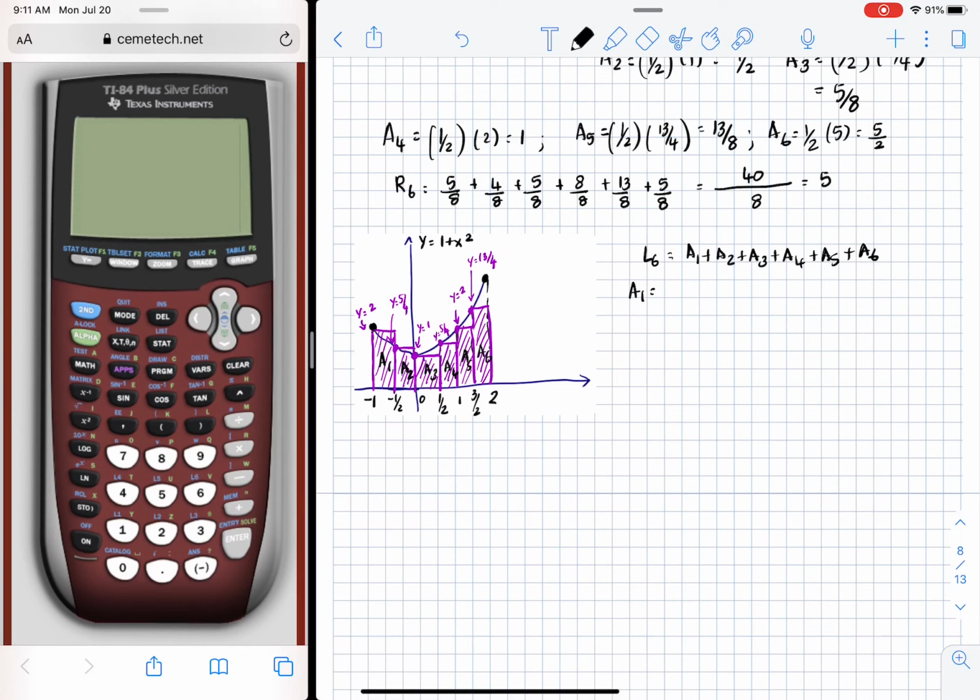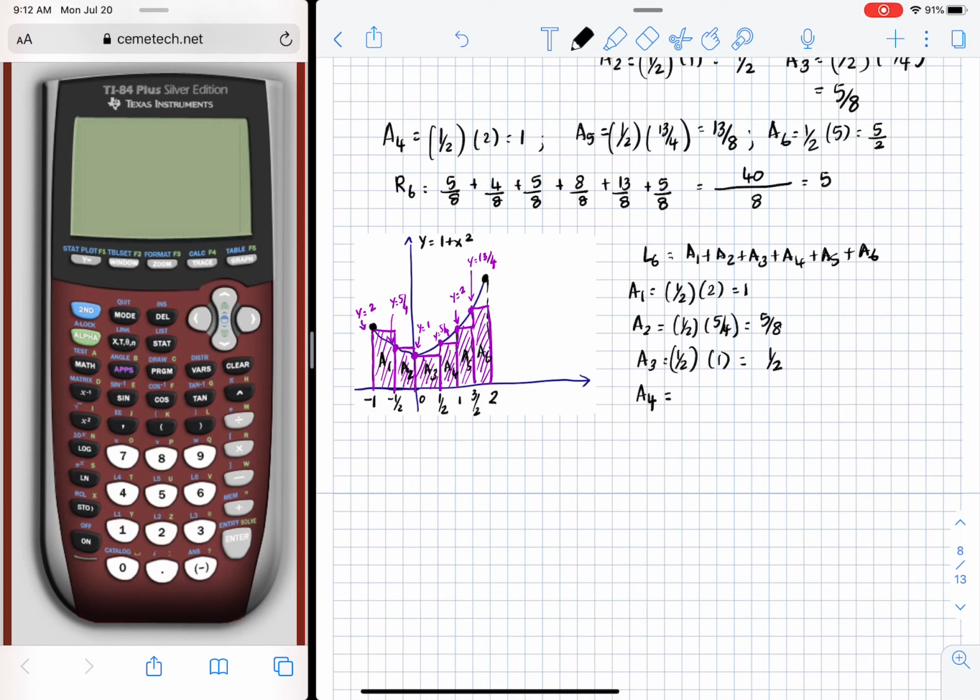A1 is the area of the first rectangle, width is 1/2, height is 2, so we get 1. A2 is the area of the second rectangle, which is 1/2 multiplied by its height, 5 over 4, we get 5 over 8. A3 is 1/2 multiplied by 1, we get 1/2.